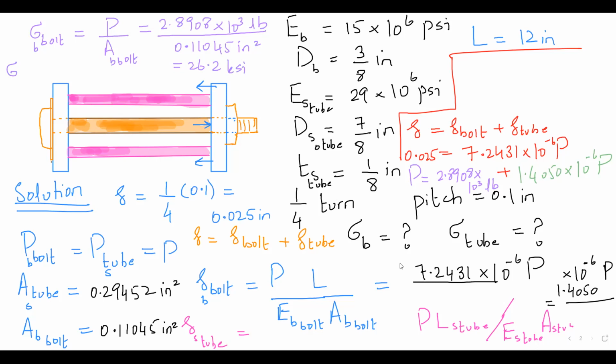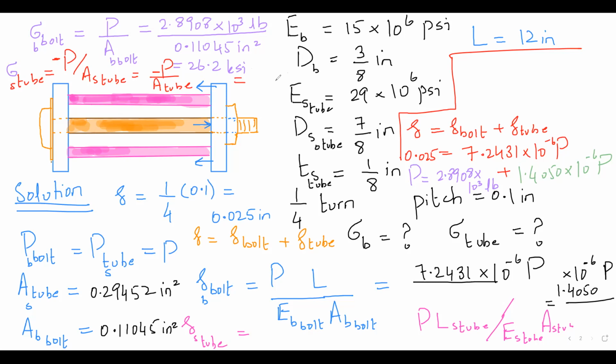And stress of tube, the steel tube, is equal to P over area of steel tube, which is equal to minus P. So this is minus because the steel tube is in compression, divided by area of steel tube.